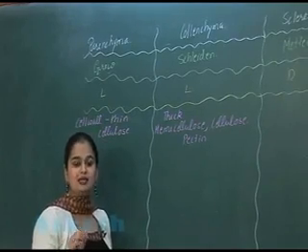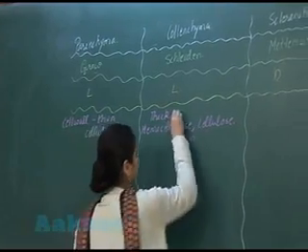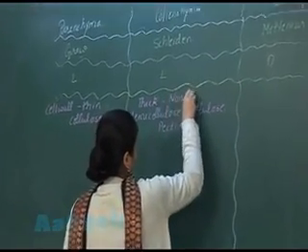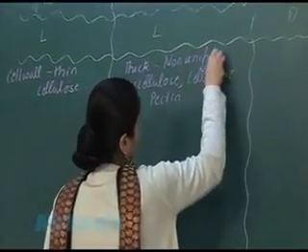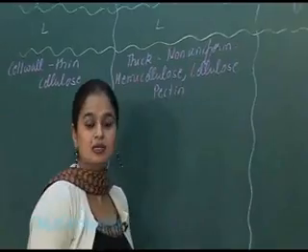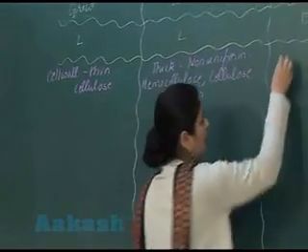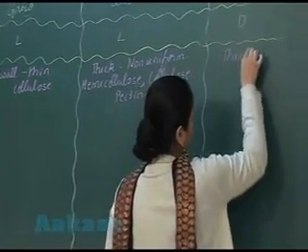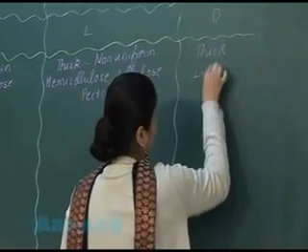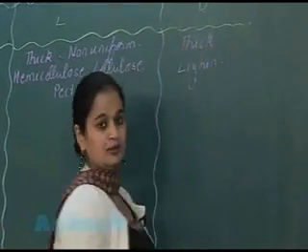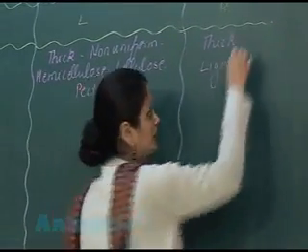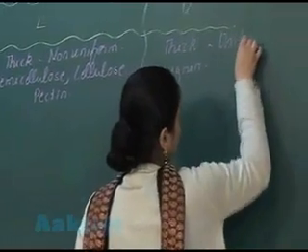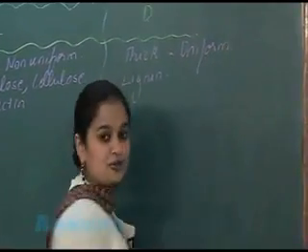So the thickening is non-uniform. Non-uniform thickening. Sclerenchyma, again thick cell wall. Thickening is of lignin. Lignin thickening is there, but now the thickening is uniform. Uniform thickness is there.